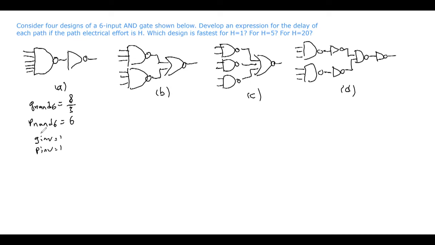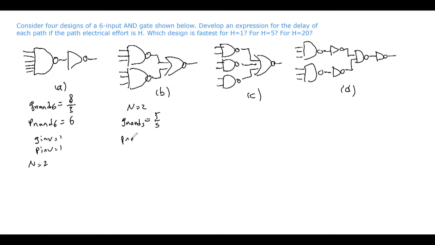So let's look at the second implementation. This is again a two-stage design, so n is equal to 2. The first stage is a 3-input NAND gate, and in the second stage, we have a 2-input NOR gate. For the 3-input NAND gate, we have a logical effort value of 5/3 compared to the inverter.